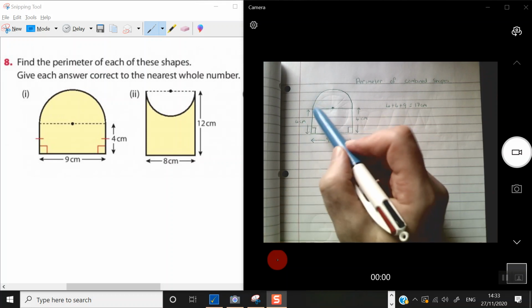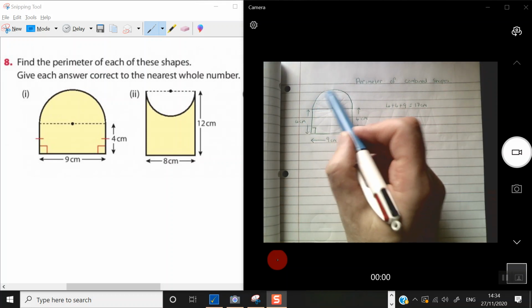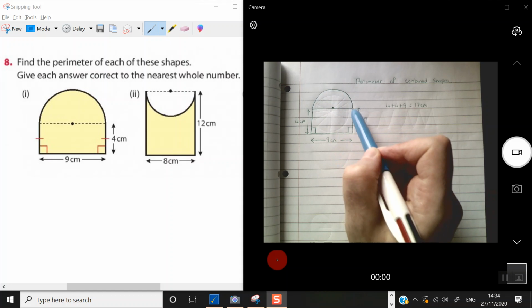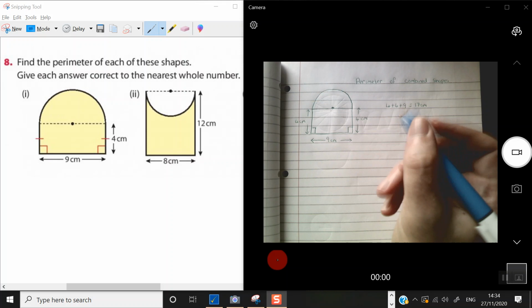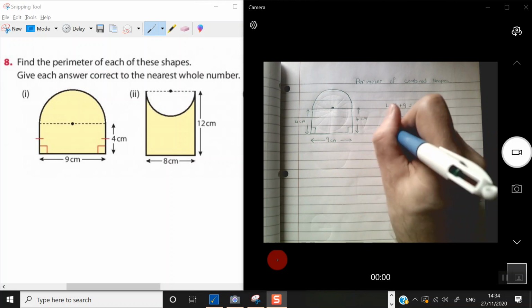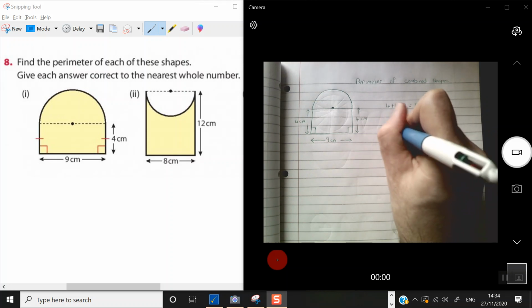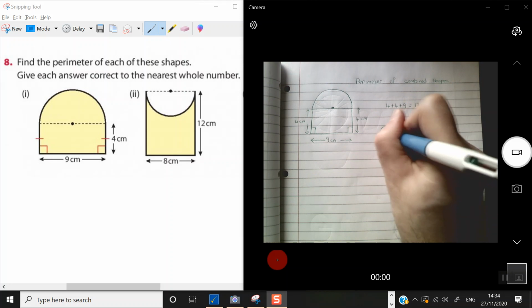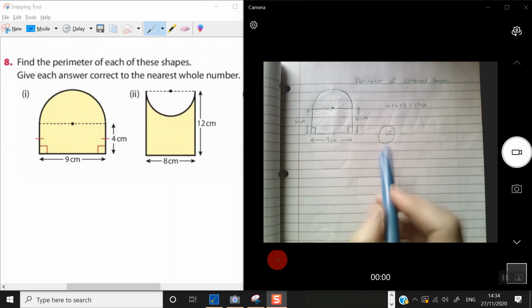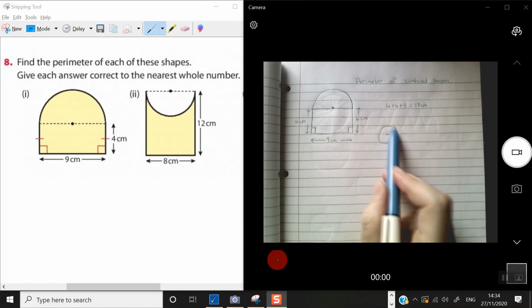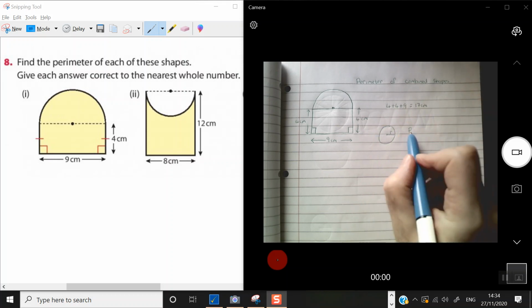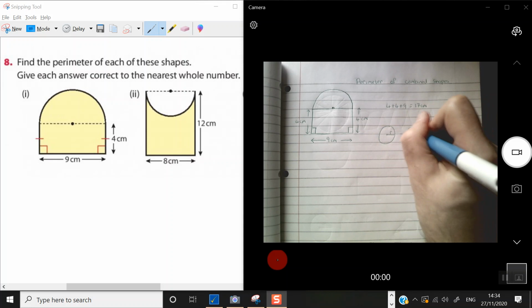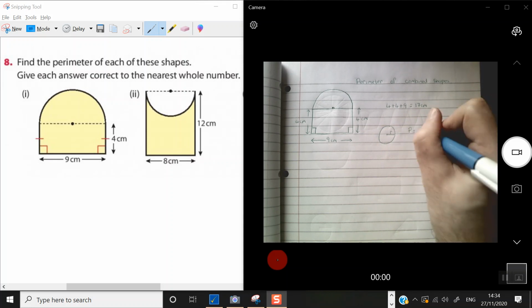Now what we need to think about is how we get the perimeter of this half circle. If we have a full circle, imagine this is my full circle here, of radius r, the perimeter, which I'll abbreviate as P, is equal to 2 pi r.